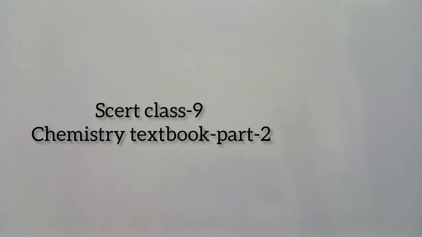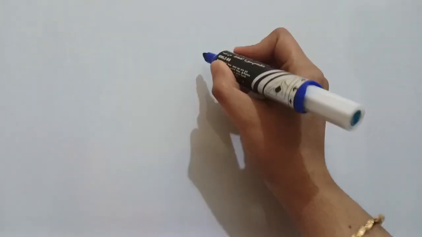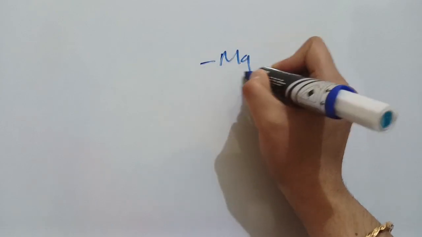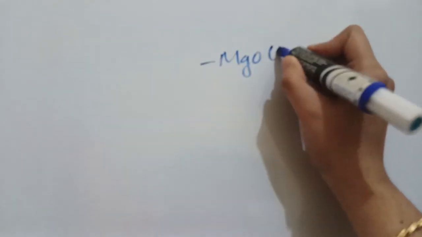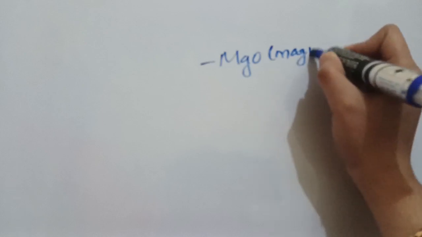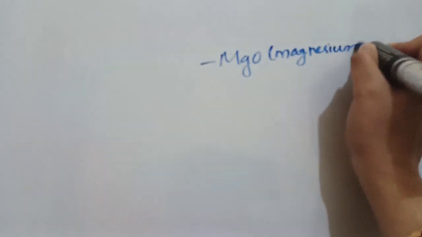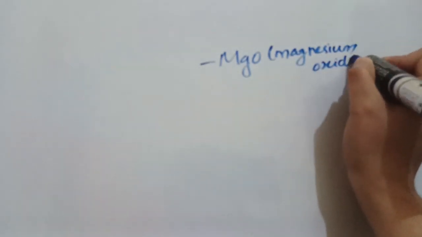In the textbook, one activity is given. Burn a neatly rubbed and clean magnesium ribbon. Record the observation. What would be the white powder obtained? The white powder obtained is magnesium oxide, that is MgO. You can write magnesium oxide.